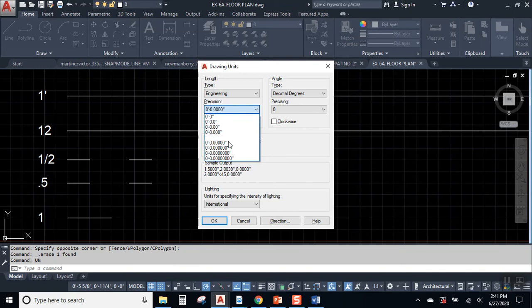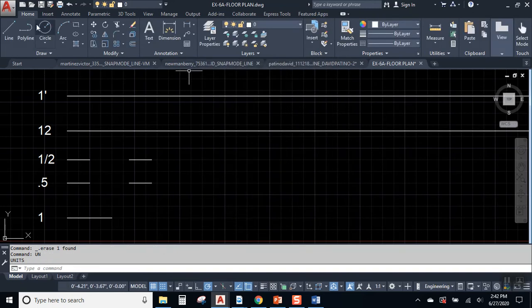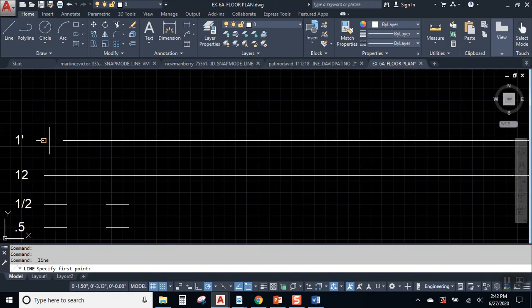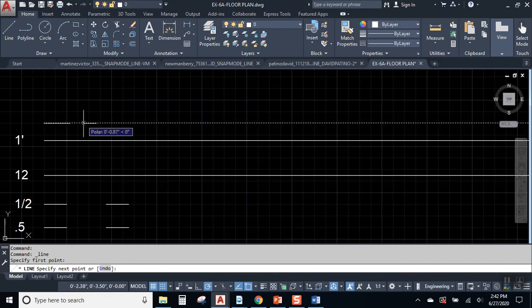And again, you can go in there and doll that up. You can round to the nearest 100th of an inch, 1,000th of an inch, or just go to the nearest inch. Okay, but either of these two systems will allow you to work with the foot mark. No foot mark, 1 foot.